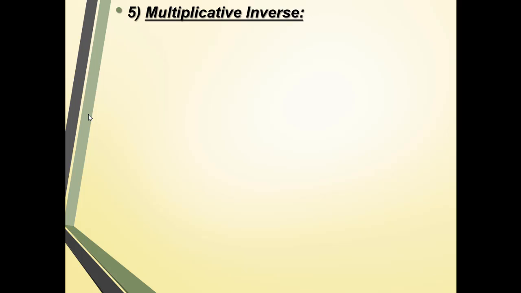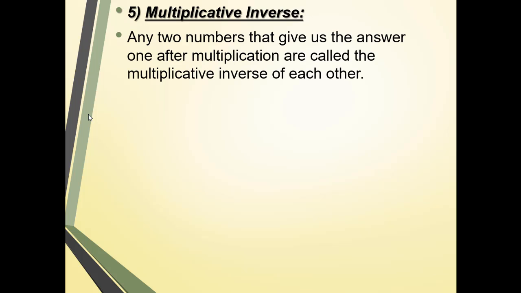Number 5, multiplicative inverse. Any two numbers that give us the answer 1 after multiplication are called the multiplicative inverse of each other. For example, 2 times 1 over 2 is equal to 1, because this 2 is in the numerator and this 2 is in the denominator, so both the 2s will cancel each other and we will only be left with 1.